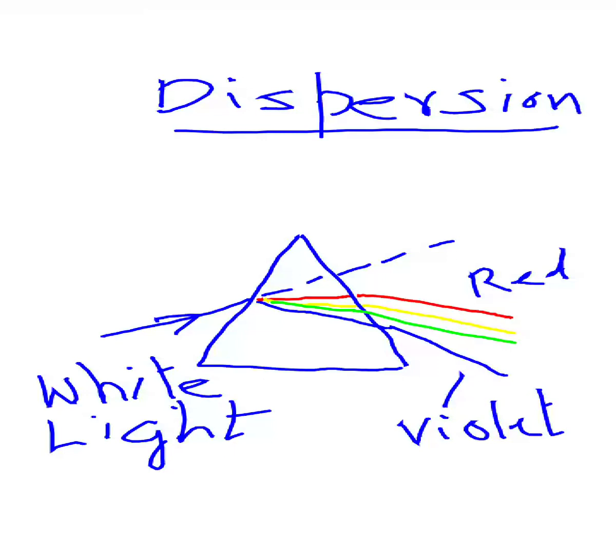So as we discussed already, Isaac Newton was the first one to use this glass prism to obtain the spectrum of sunlight, and he did this. Everybody used to call him Sir, Sir Isaac Newton.